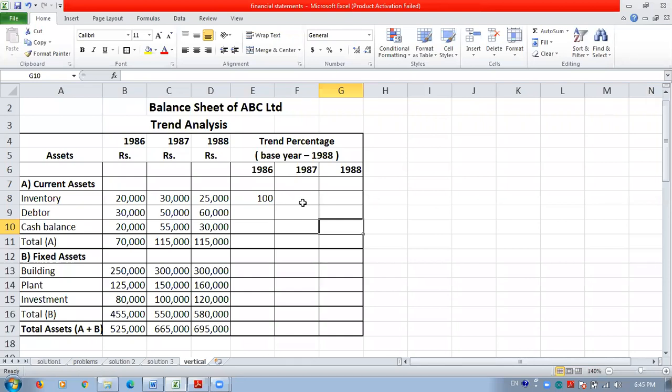Suppose we want to get the trend of 1987 inventory. How are we going to get that trend?